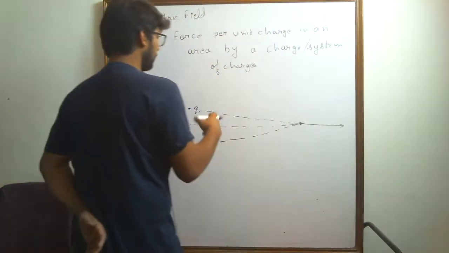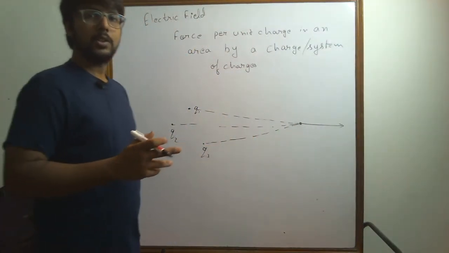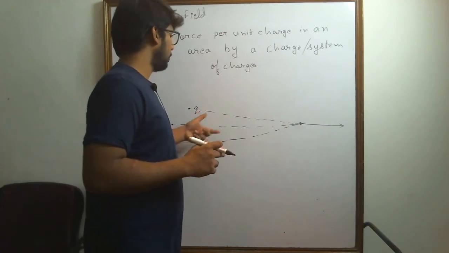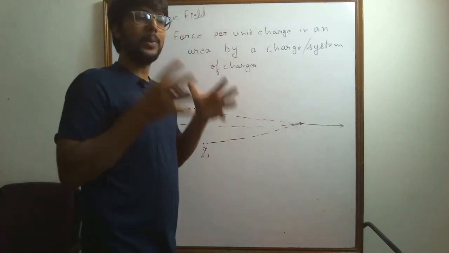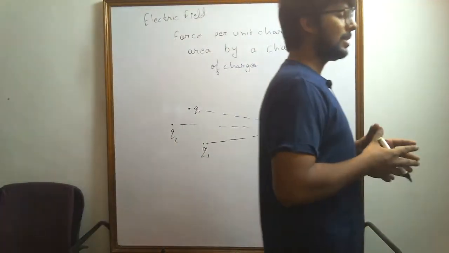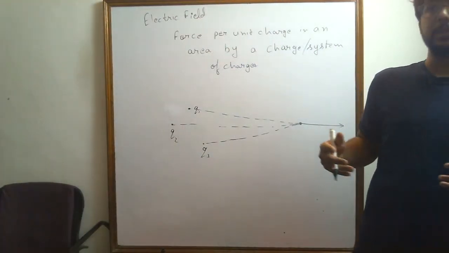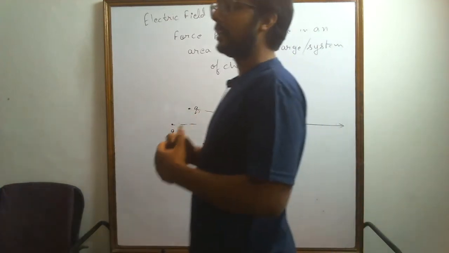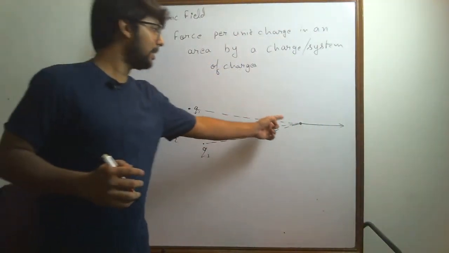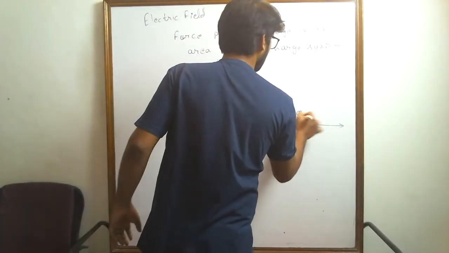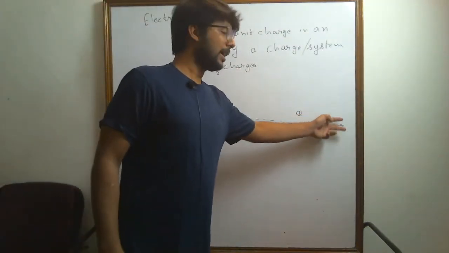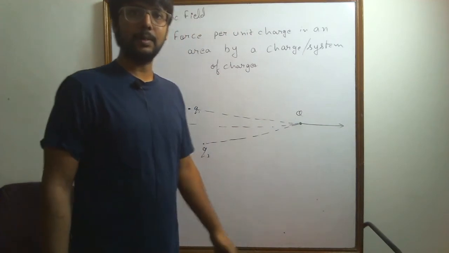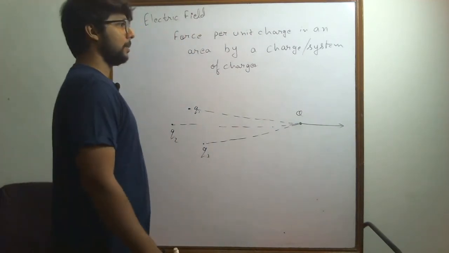So angles and whatnot will matter, so all of that needs to be dependent on the theta and the angles that are there, but we can apply the superposition principle on Coulomb's law to get the vector addition of the force at this point by the three charges here, and they will come out as a single vector like this, right? Because we can always find the sum of vectors.